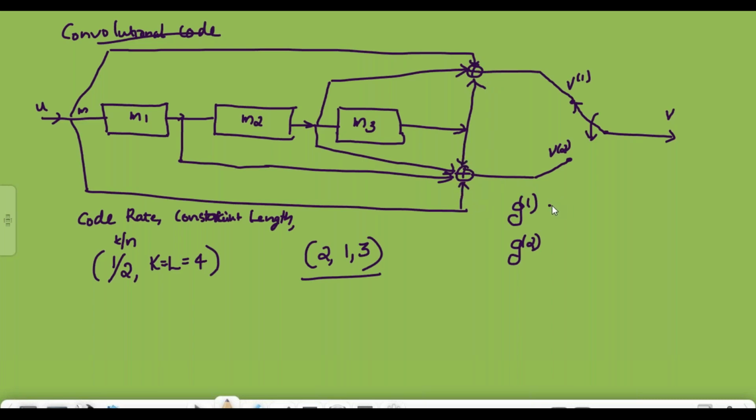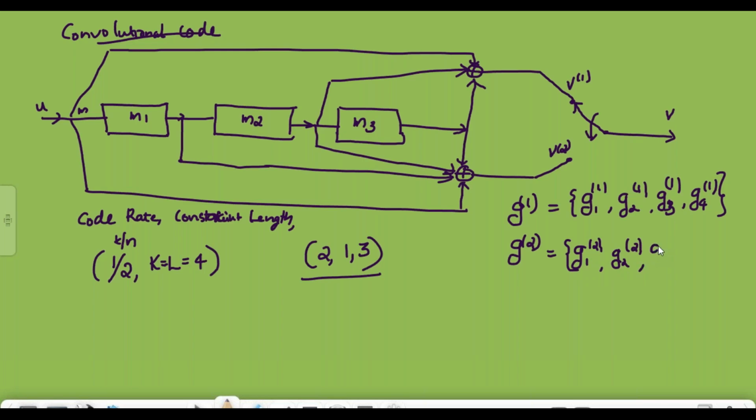The elements we can write as g1 1, g2 1, g3 1, g4 1, and g1 2, g2 2, g3 2, g4 2.